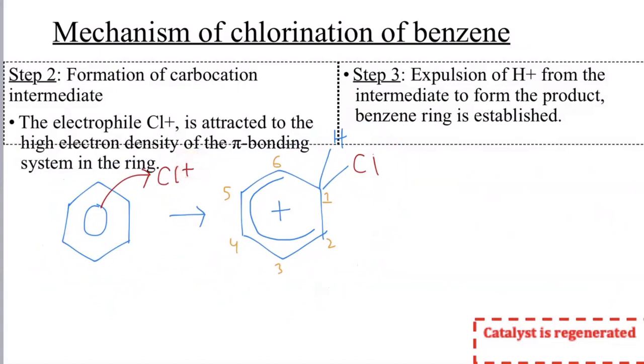Okay, right. I am missing my positive charge, because the positive charge was from the electrophile. Of course, it has to go somewhere. Right, next step is to restore my delocalization. I need to cancel out that positive charge, and the only way for that is for the electrons in the carbon-hydrogen bond in carbon number 1 to be donated into the delocalized system.